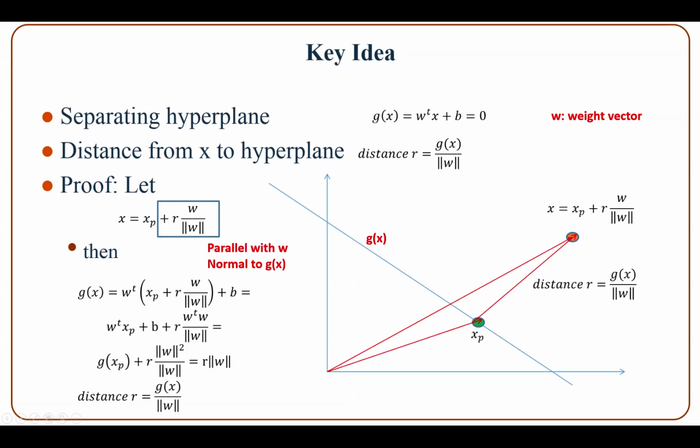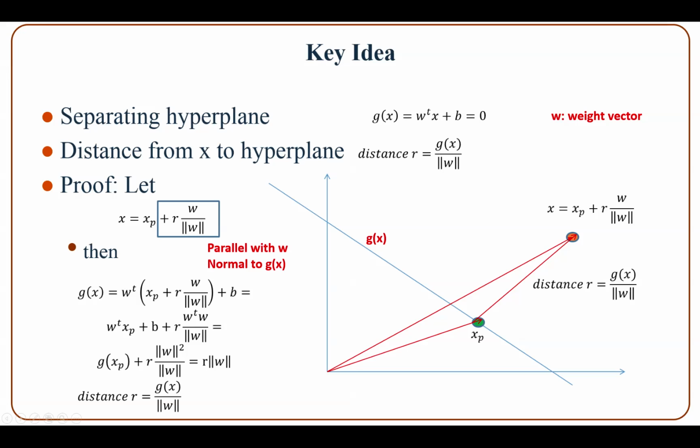The vector x is equal to the vector xp plus r multiplied by w divided by the norm of w. This is because from the previous slide we know that w is normal to the hyperplane.